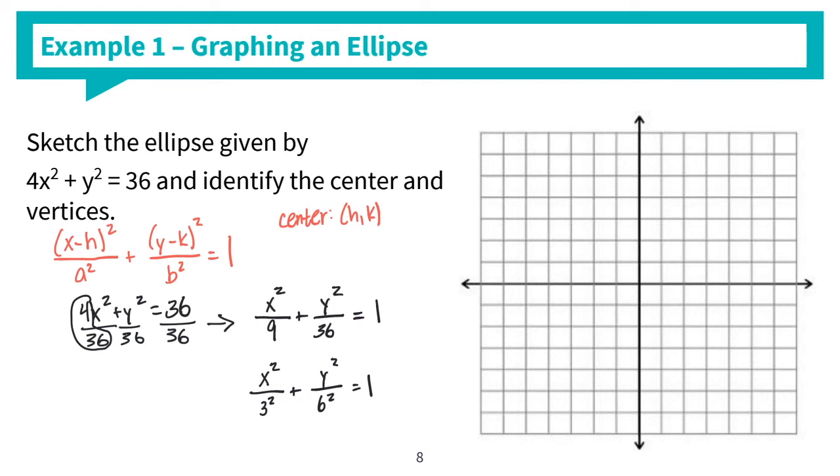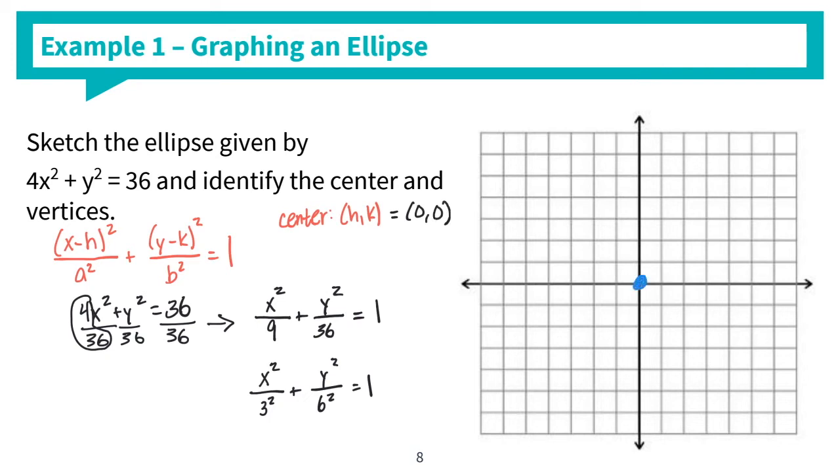We don't need to write x minus 0 squared and y minus 0 squared because we could simplify those, and that's what they give us. They give us the most simplified version. So because it appears as if there's no h and k value, our center is actually (0, 0), the origin. So I'm going to go ahead and plot that point.